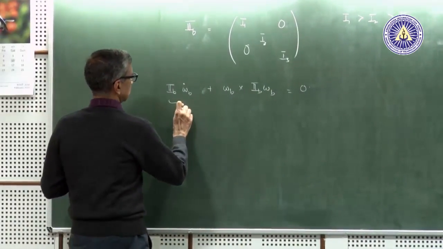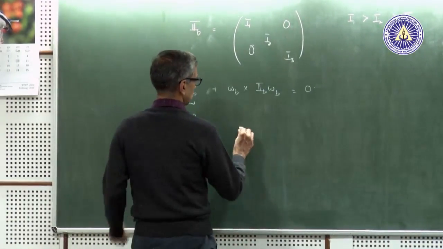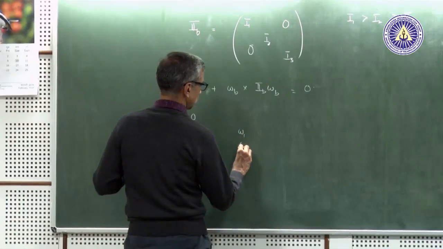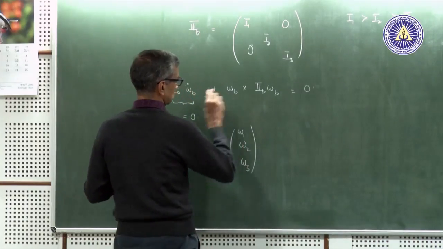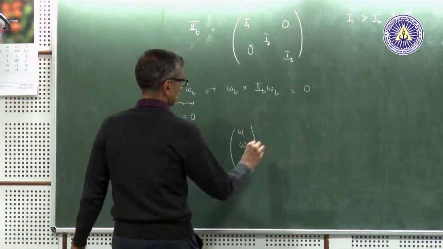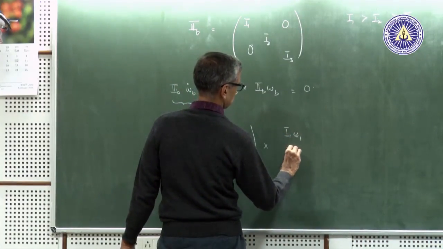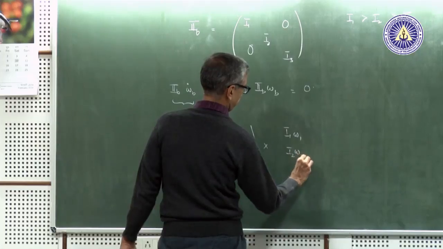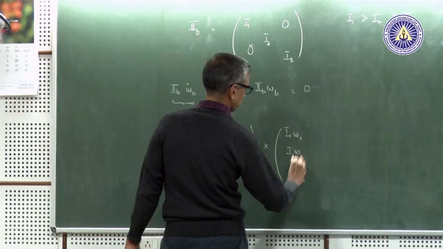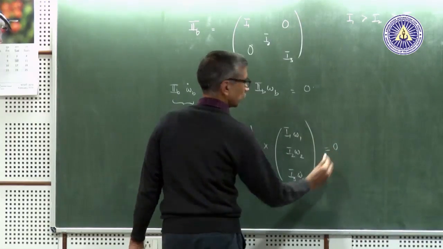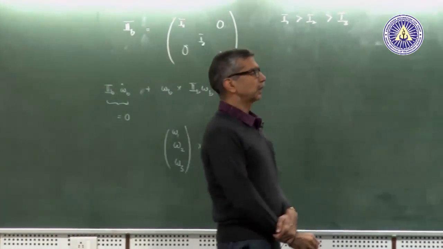Okay. This has to be 0, right. So, we have omega 1, components of this cross, zero. So, now tell me what are the equilibria.